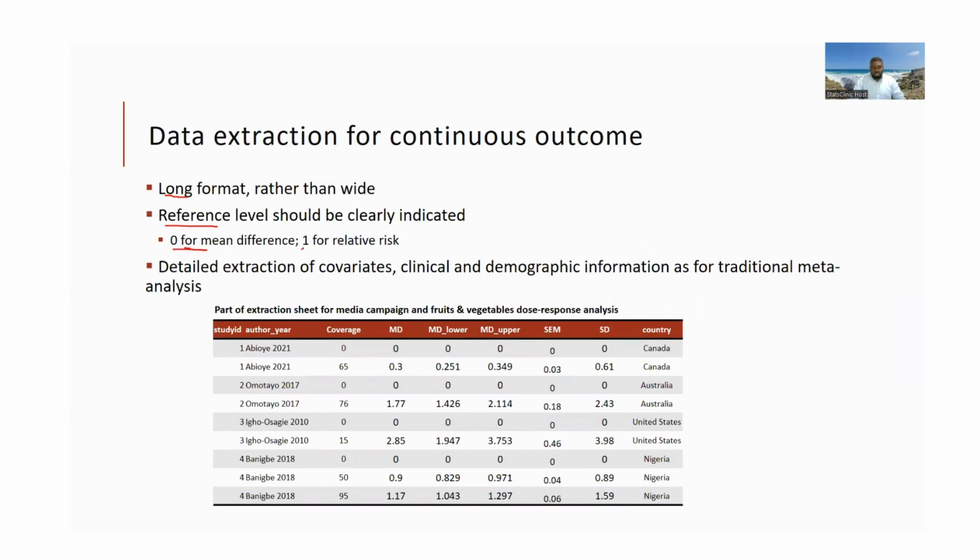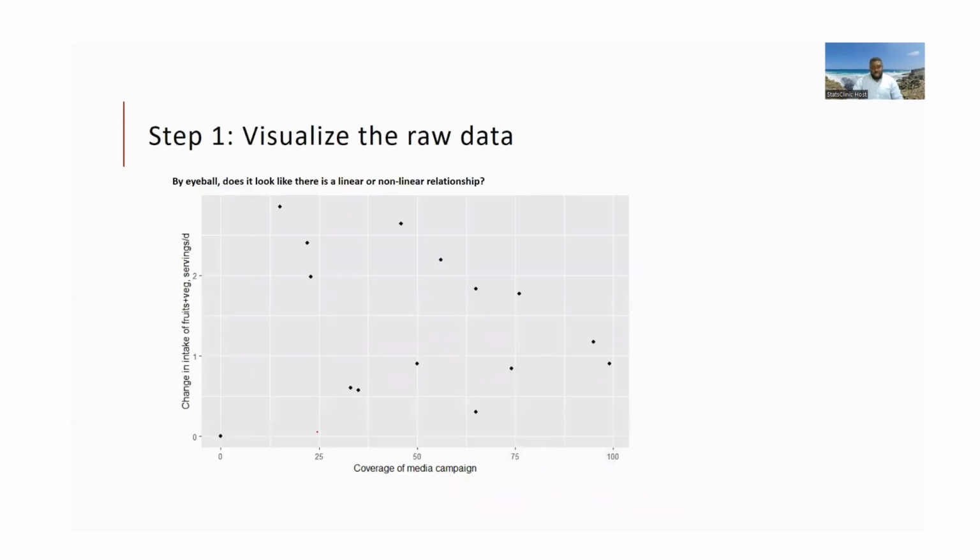The last one, the reference level was 1 because we're looking at relative risk, but here it is 0. And we will fill the table, extract in the same way. Again, remember this one has 1, 2, 3 because it has more than 2 exposure category levels. Okay. And then we would visualize the data.